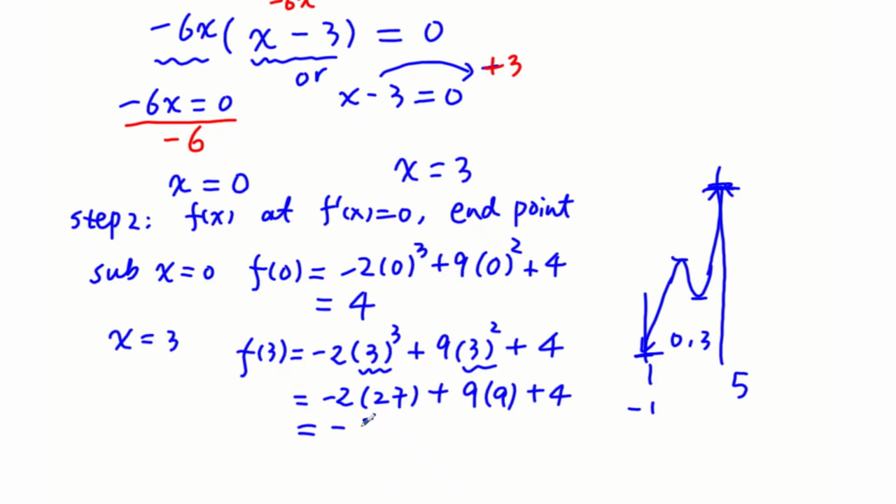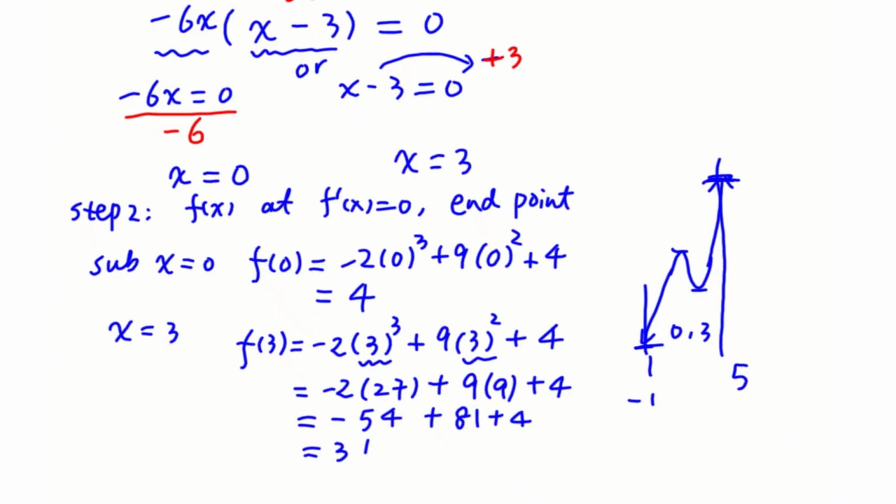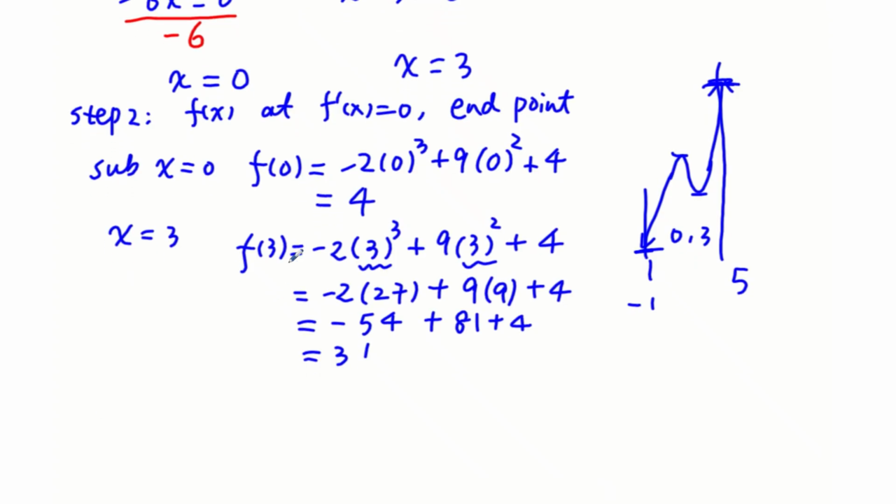Then we do the multiplication. After that, the final answer we have is 31. So these are the 2 points where f prime x equals 0, and also we find the endpoints.